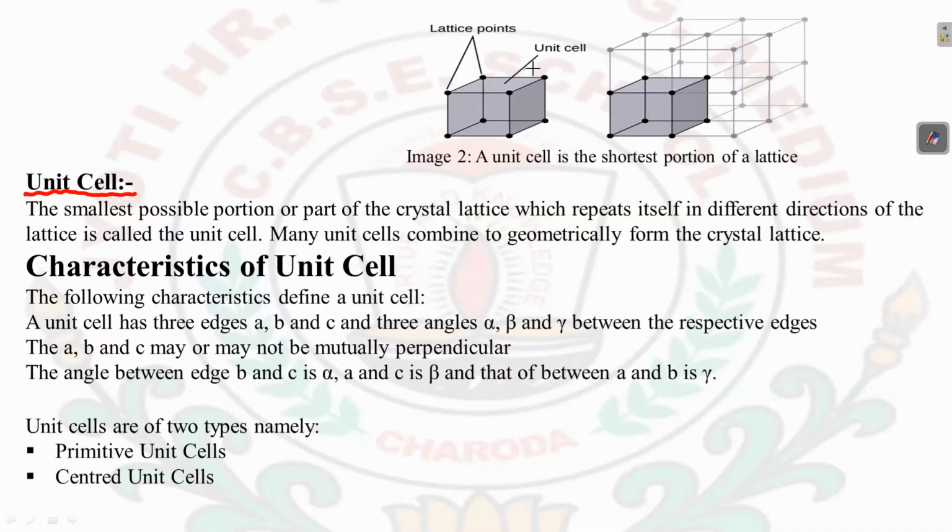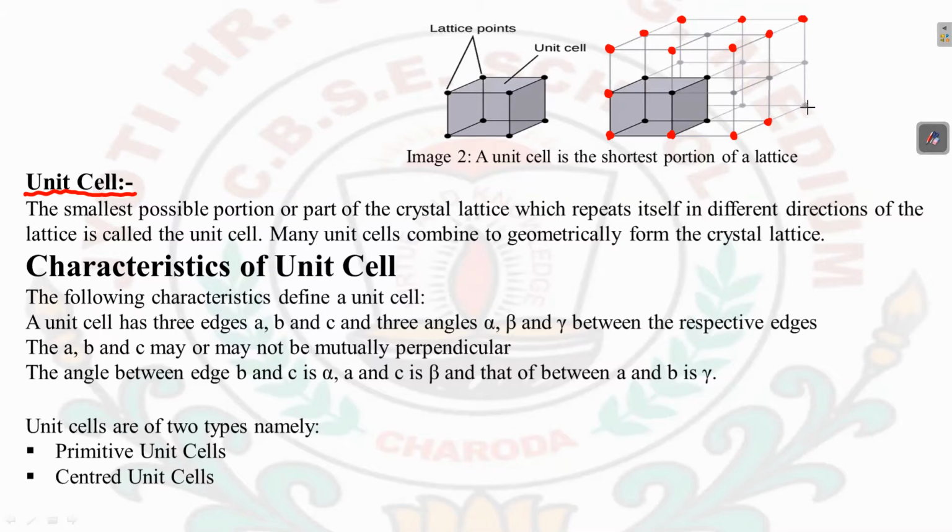Okay, which means that if I am considering this cubical crystal lattice, you can see here this is the cubical crystal lattice of a particular crystalline solid. Here, if I am taking these red colored points, these are the crystal lattice points.